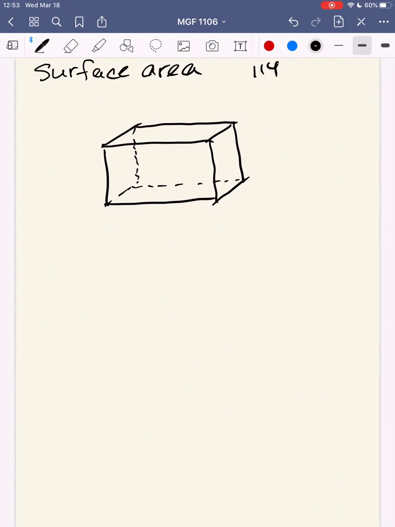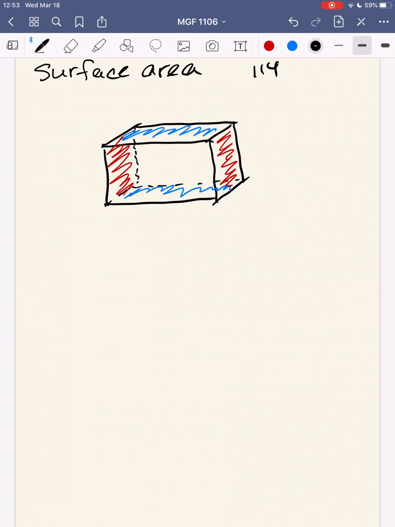Okay, so when you're wrapping a gift, you have to wrap 6 different sides. You have to wrap the top and the bottom, right? You have to also wrap 2 different sides.